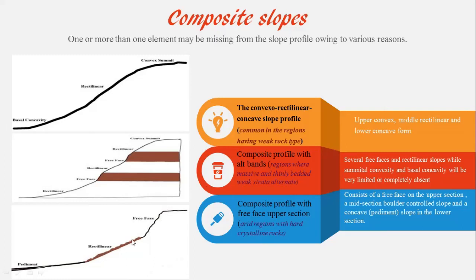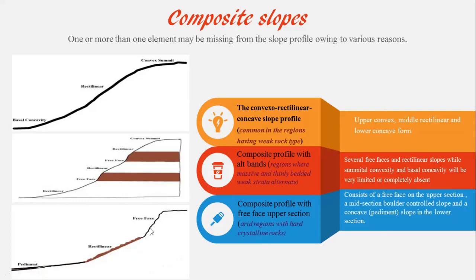In the rectilinear section, we have a boulder controlled slope, with lots of boulders or bigger rocks. And then we have a concave lower region, which is the pediment slope. So this is generally in arid regions.